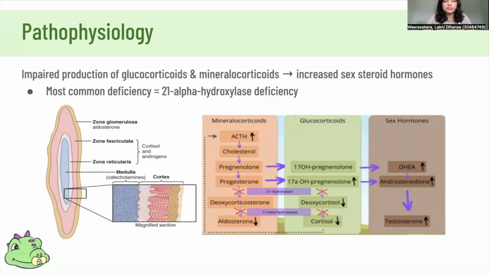So here we've got a diagram of the different parts of the adrenal gland, which would be important for you to revisit, and also a bit of a pathway in terms of how the hormones work and where 21 alpha hydroxylase fits in.